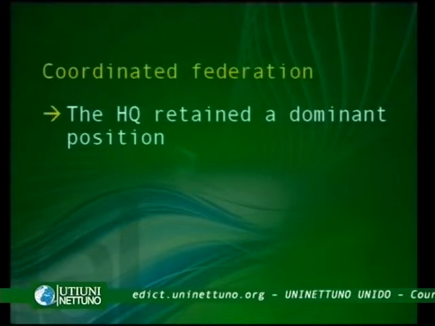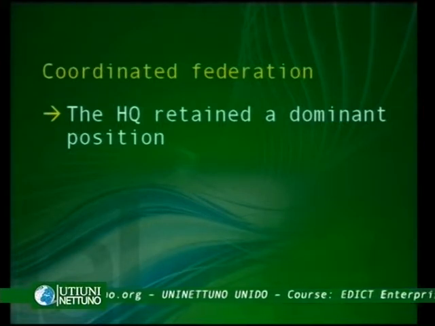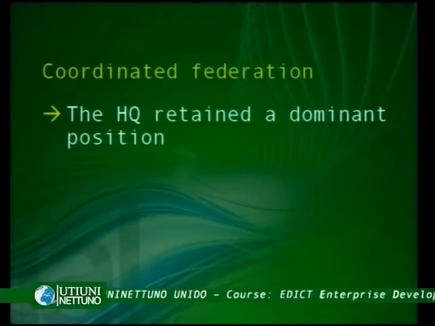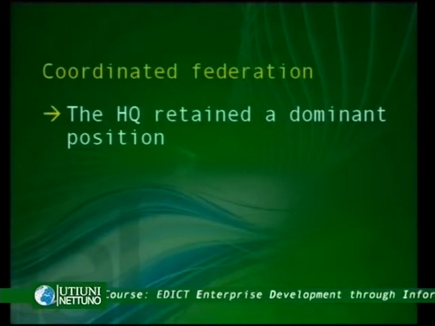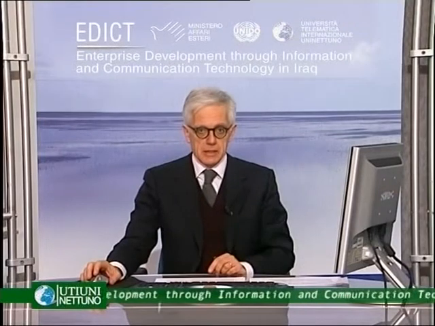In the coordinated federation, the key point is that the headquarters retained a dominant position in the strategies and operations of the whole group. So the headquarters draws the strategies and the way the group develops all over the world.